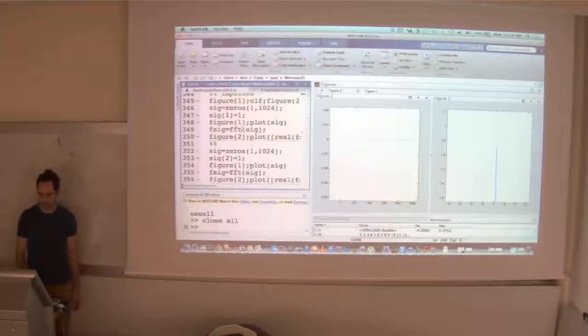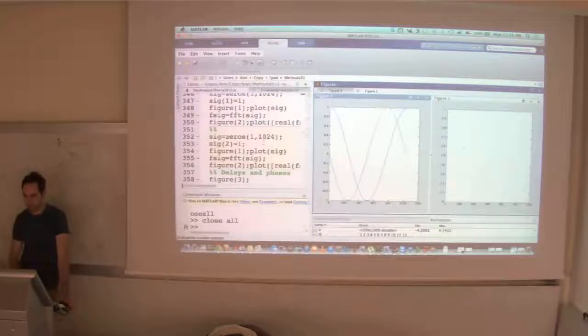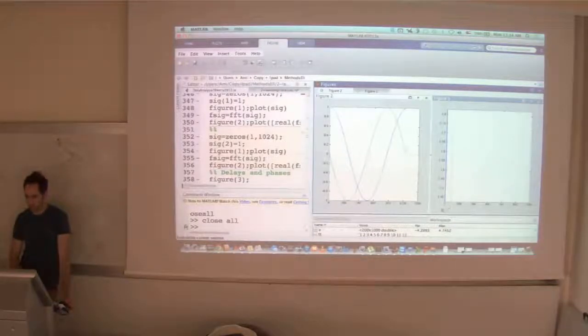Now let's see what will happen if I do the same thing, but the delta function of the click will give us a click at the second entry in time. So this is the click, and you can believe me that it's in the second entry. And now something weird is happening in all of the amplitudes and all of the frequencies. So we're not getting the same thing.